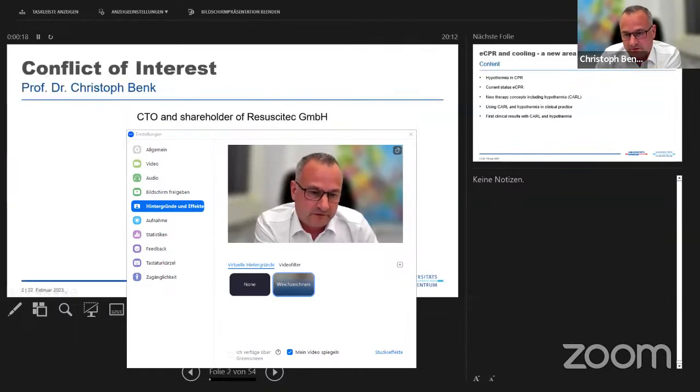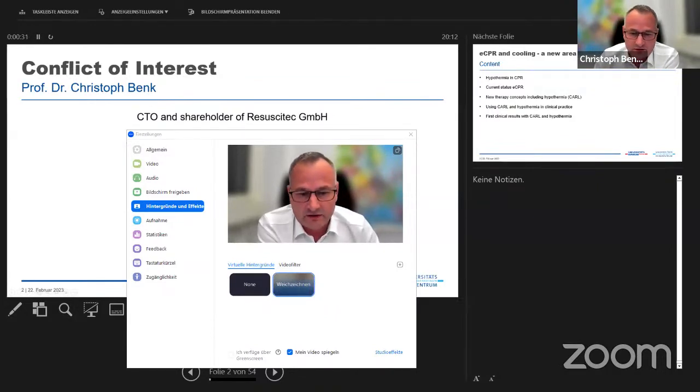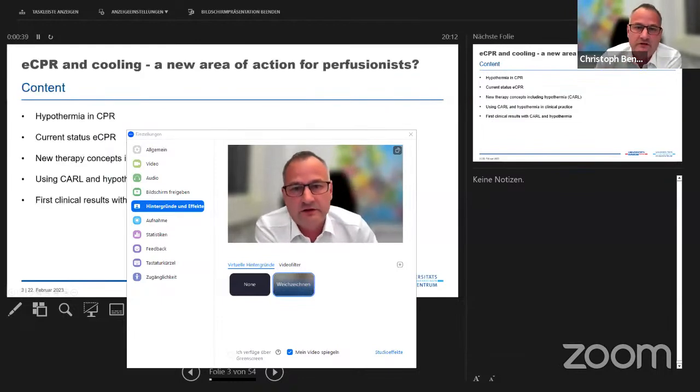And first, my conflict of interest: I'm a CEO and shareholder of a startup company of the university in Freiburg, where we did a lot of research in resuscitation and especially in improving the neurological results of resuscitation using extracorporeal technologies.